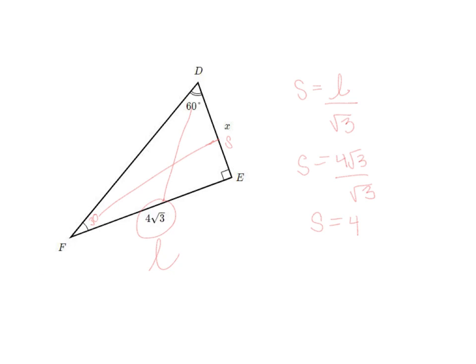The equation we're going to use is that the short side is equal to the long side divided by the square root of 3. Our long side, 4 times the square root of 3, divided by the square root of 3, the radicals cancel out, and we know that the short side, the x we're looking for, is 4.